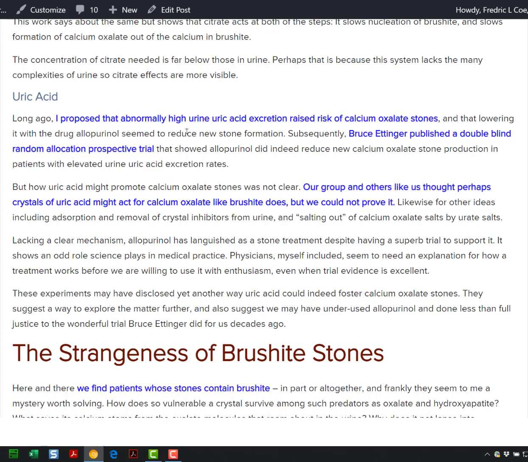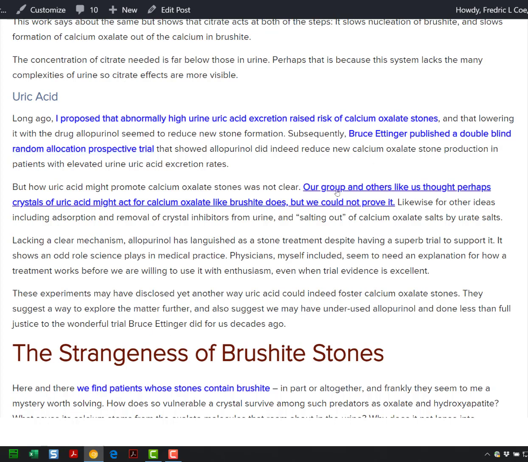I proposed when I was in my 30s that uric acid, when it's high, might promote calcium oxalate. Bruce Ettinger published a beautiful trial showing that when you lower uric acid with allopurinol, you reduce calcium oxalate stones. The mechanism has never been clear.